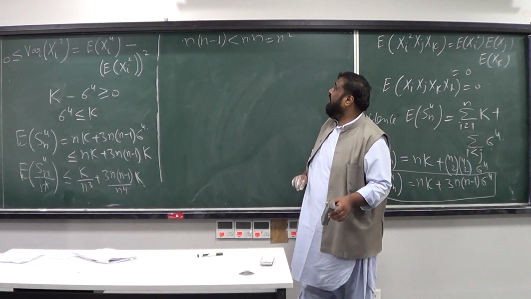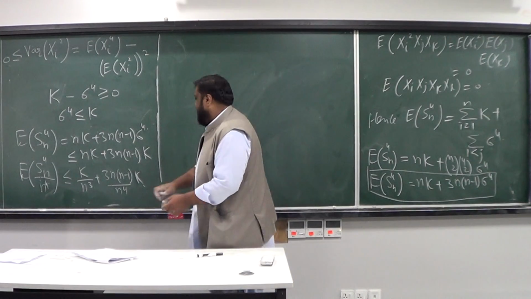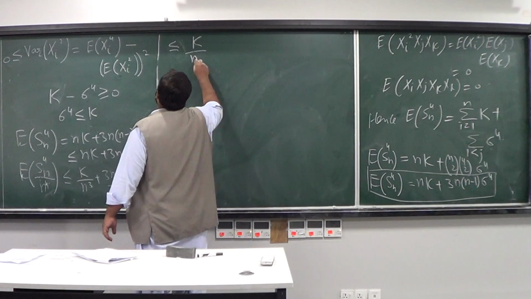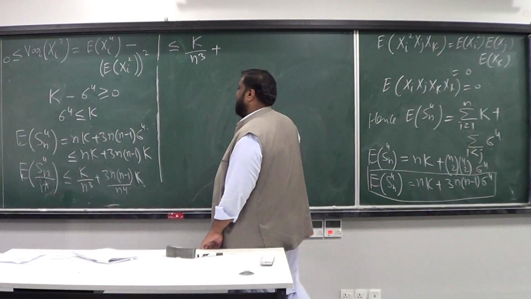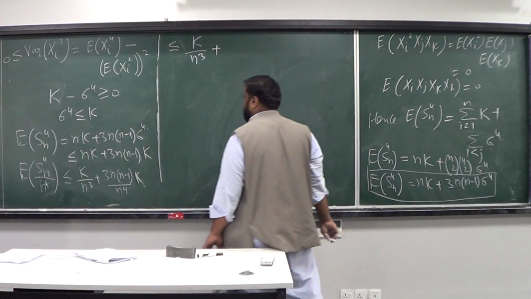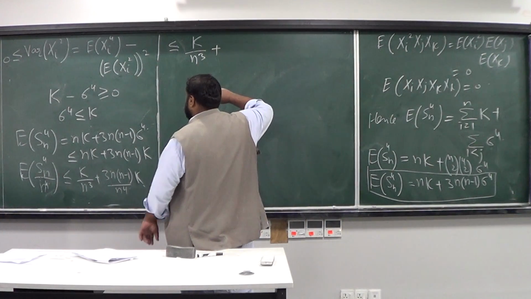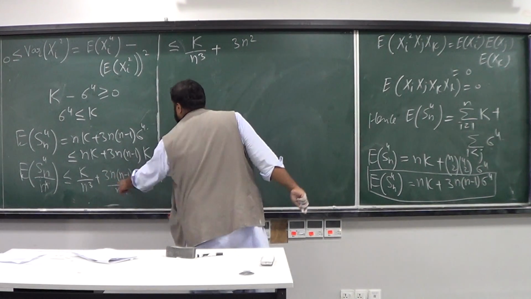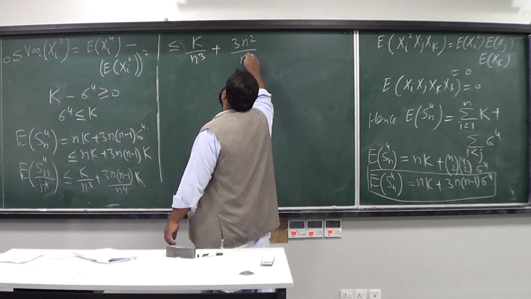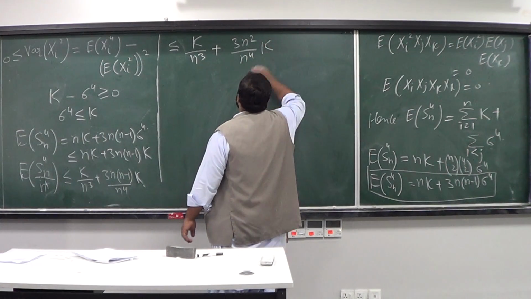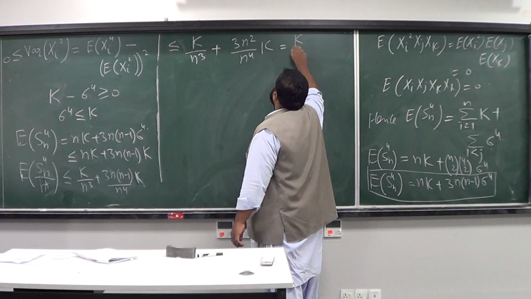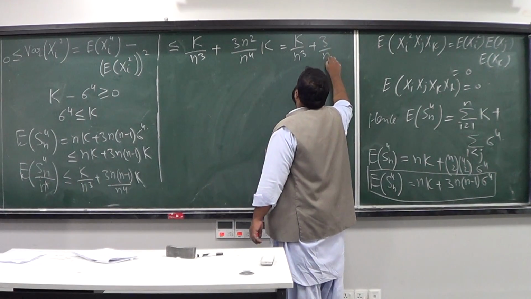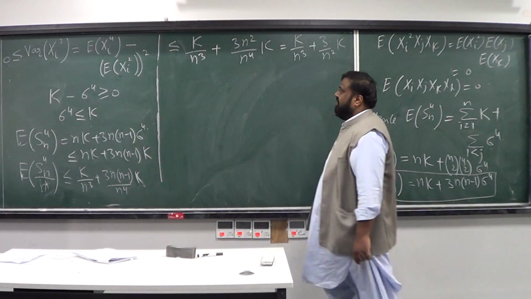So I can estimate this as less than or equal to k over n cubed plus 3 times n square divided by n to the power 4 times k, which is equal to k over n cubed plus 3k over n square.